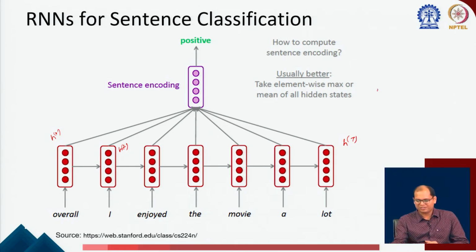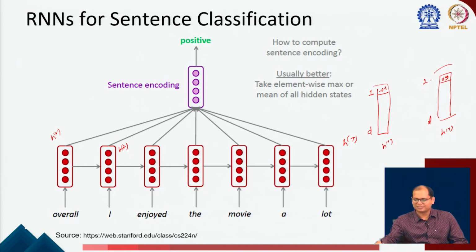Suppose they have D dimensions, dimension 1 to D, and each hidden state has some value. You can take the max among all the hidden states, H1 to H7. For dimension 1, suppose this is minus 0.1, but here it is 0.9, and everywhere else it is less than 0.9, so I will just take this. But for some other dimension, suppose this value is high, so I can take this, right.